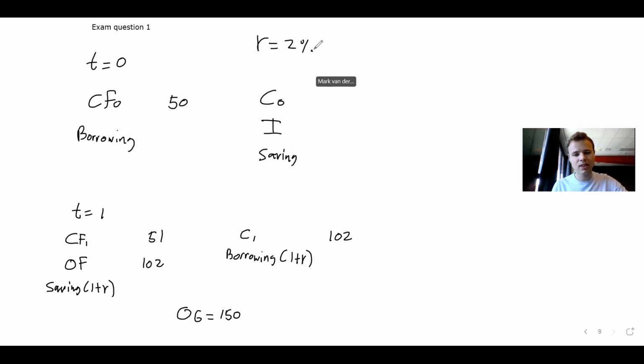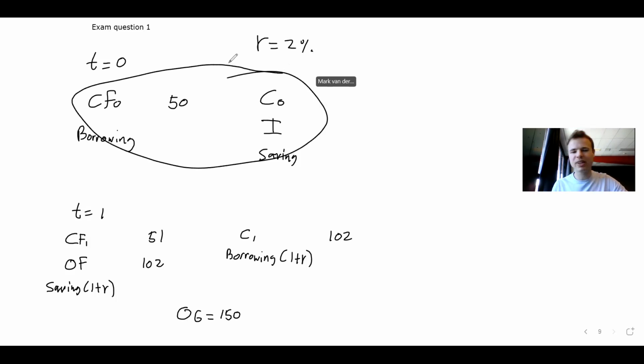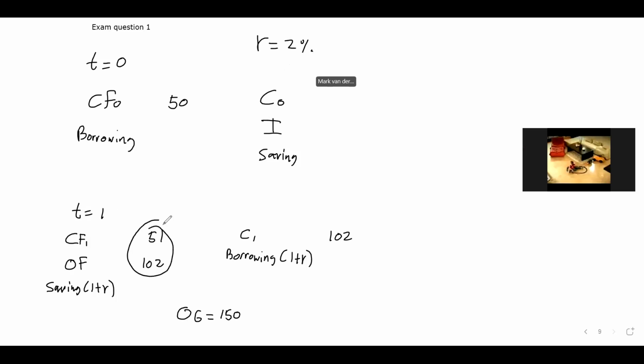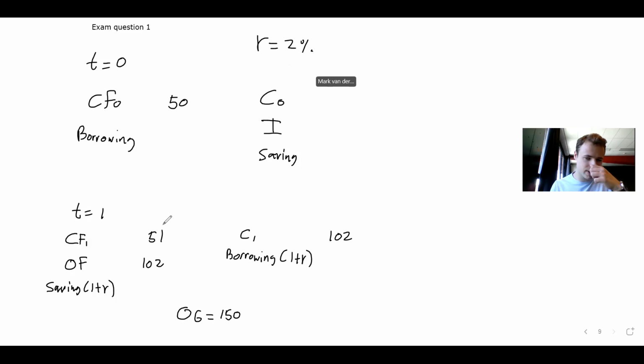Okay. So we're going to look, can we balance? Well, here in the first one, we cannot balance yet, right? Because there's only one known variable. But can we balance it in year 1? So we have an inflow of 153.